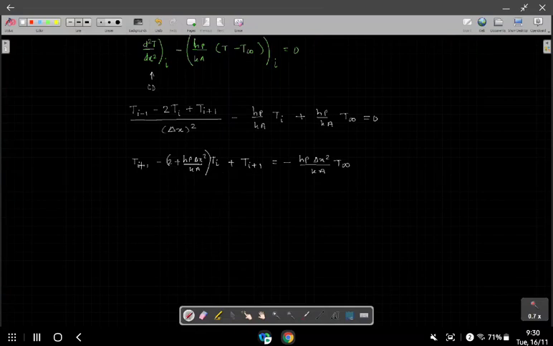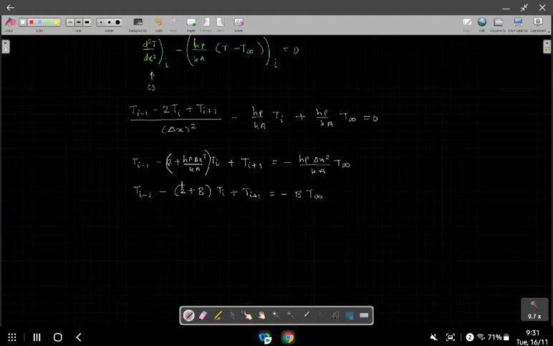So we have now written in a consistent manner. Let us represent this term by some constant since they are known values. So minus 2 plus, say we'll write B, capital B, Ti plus Ti plus 1 is equals to minus B T infinity.